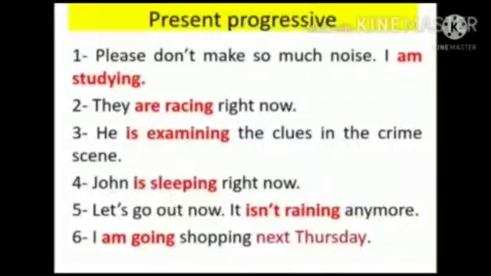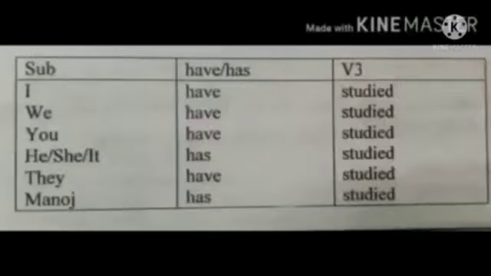In these examples, study, race, examine, sleep come with the ing forms. I am studying, they are racing, he is examining, John is sleeping.